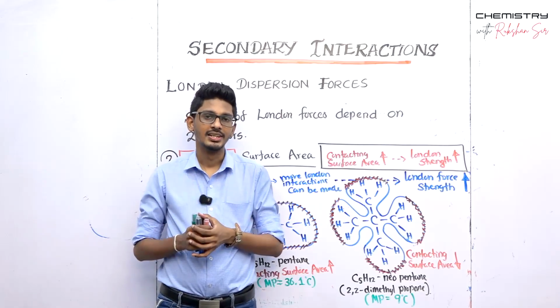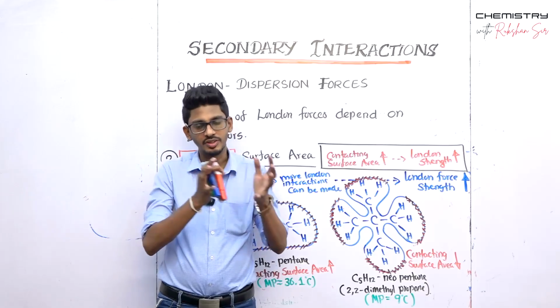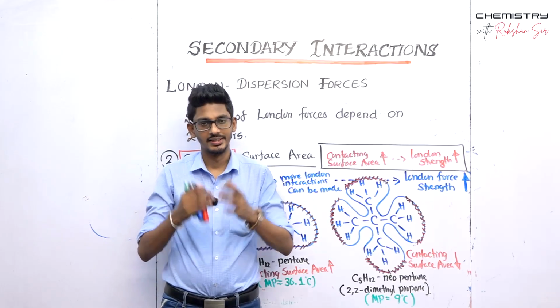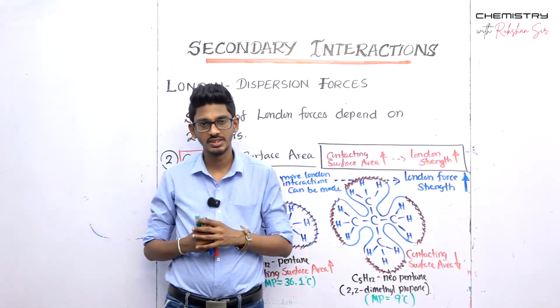Let's now discuss the relative strengths of these secondary interactions. Now we have completed discussions of all the 5 types of secondary interactions.